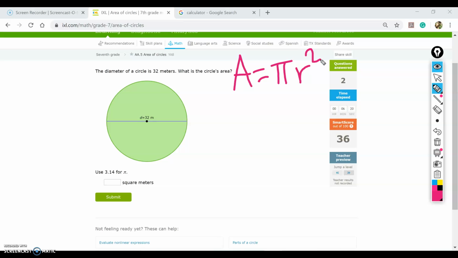They're giving you the diameter. The diameter is a line that crosses from one side of the circle to the other. But what I'm looking for is the radius, because that's what I'm going to be using.